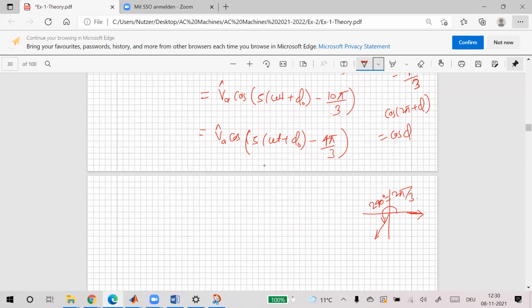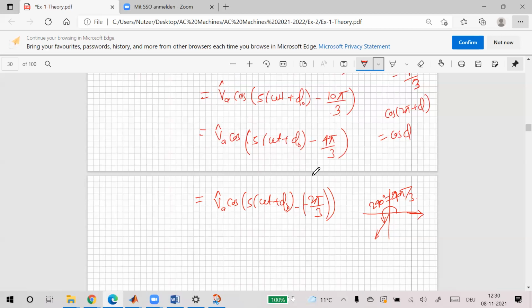Can I write this 4 pi over 3 like this, plus 2 pi over 3? Or maybe like this, minus, is this fine?